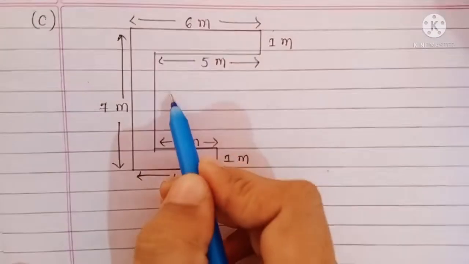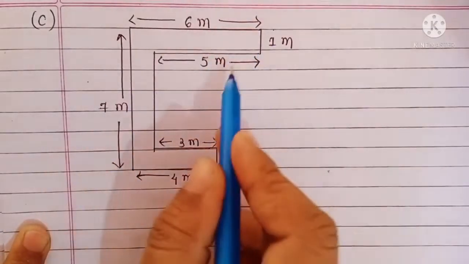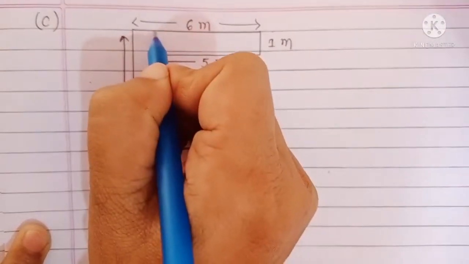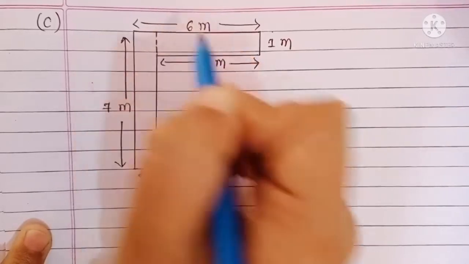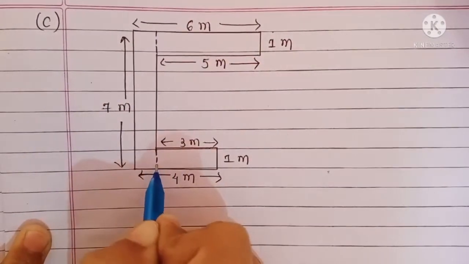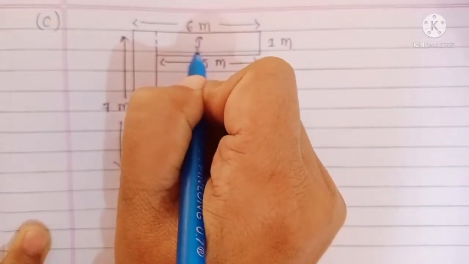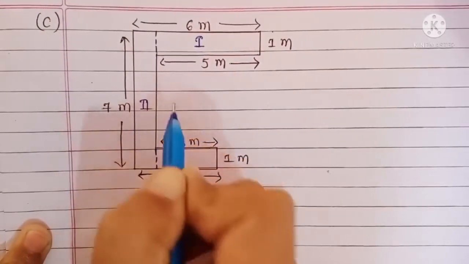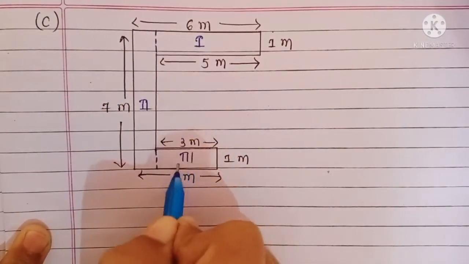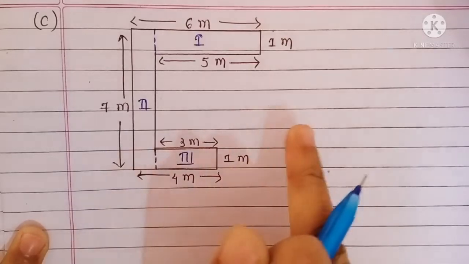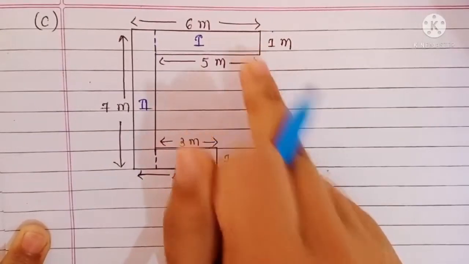Next, see, we divide this figure into 3 parts. This is part 1, part 2 and part 3. First of all, we find area of part 1.